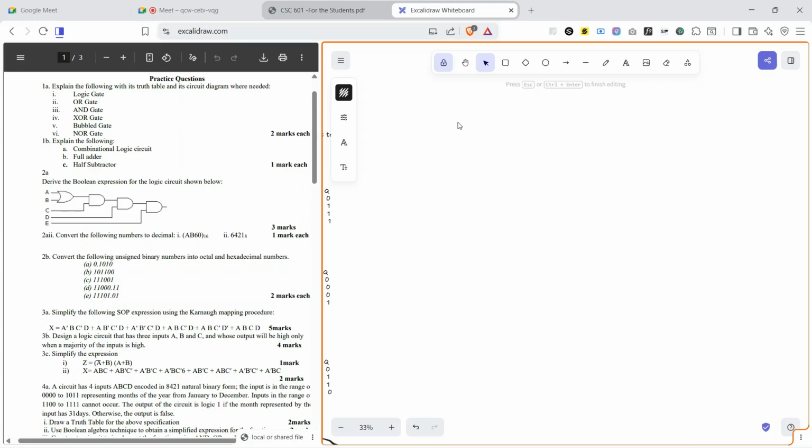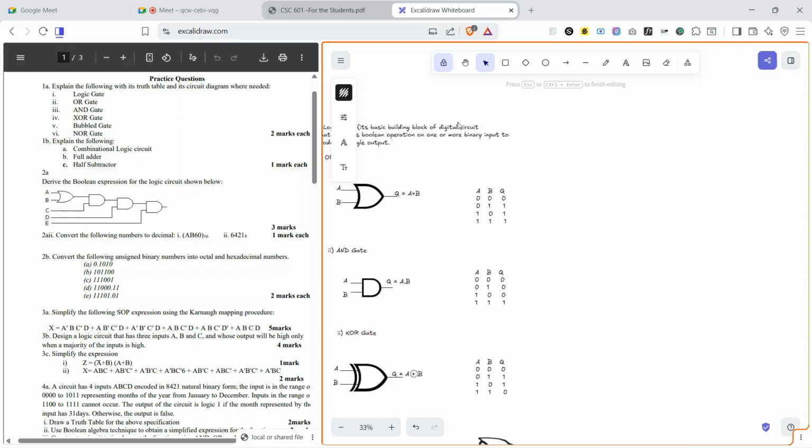Combinational logic is a logic circuit whose output solely depends on the current combination of the inputs, and it has no memory. It doesn't have a memory or feedback. So the output would always change immediately when there is a new input.